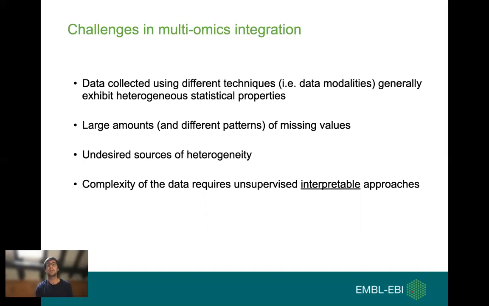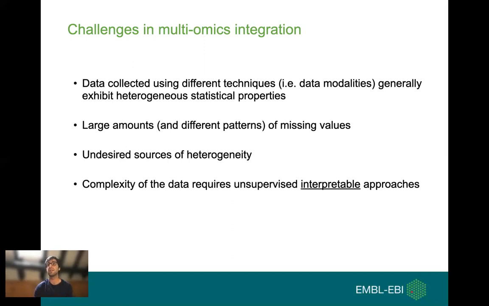A second challenge is that usually if you work with large studies, let's say patient cohorts, you typically have a large amount of missing values. And I don't mean just missing values at random, but systematic patterns of missing values where, for example, one patient might be missing an entire data modality. So you have different subsets of data modalities derived in different subsets of patients.